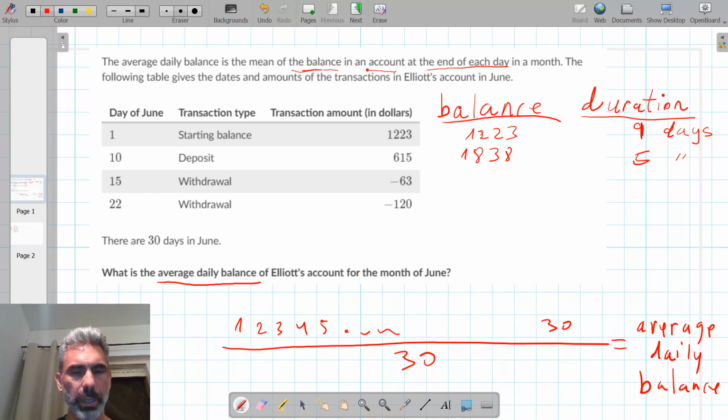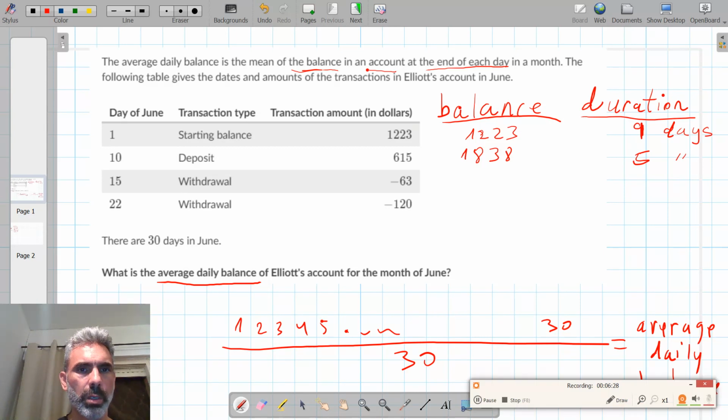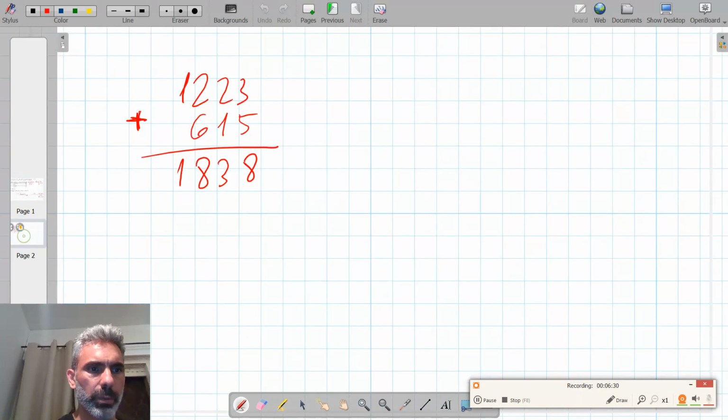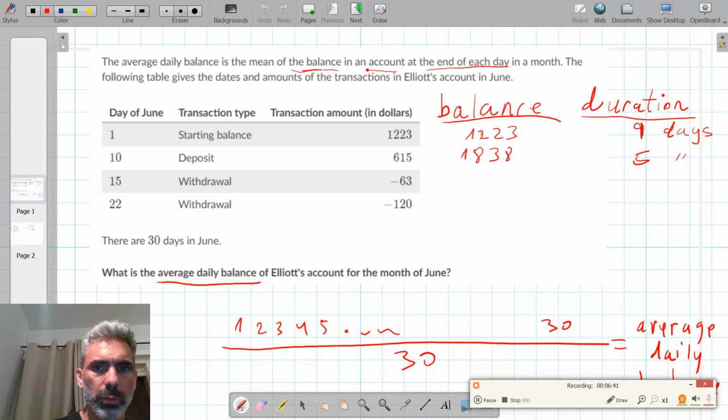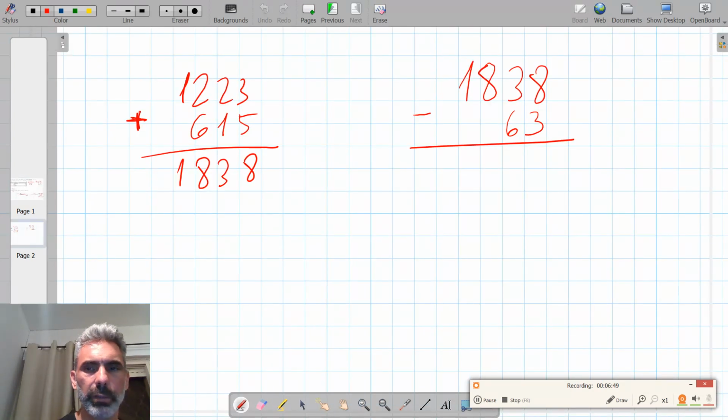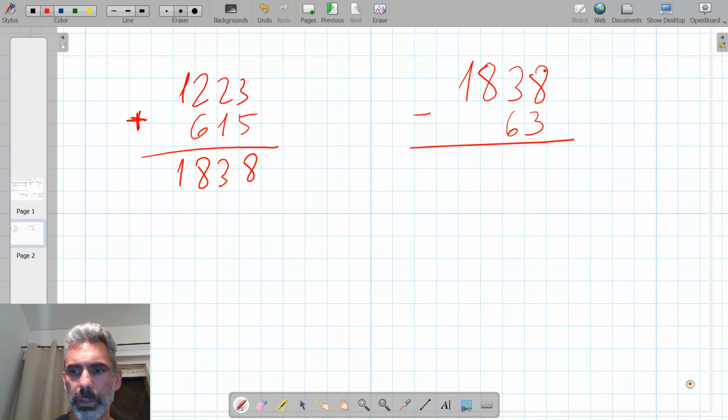So on June 15 the balance has changed from $1,838 to what? We need to subtract $63 because he made a withdrawal. So let me skip to this page again. 1,838, which is the new balance, minus 63, which is the amount that he withdrew. 8 minus 3 is 5.